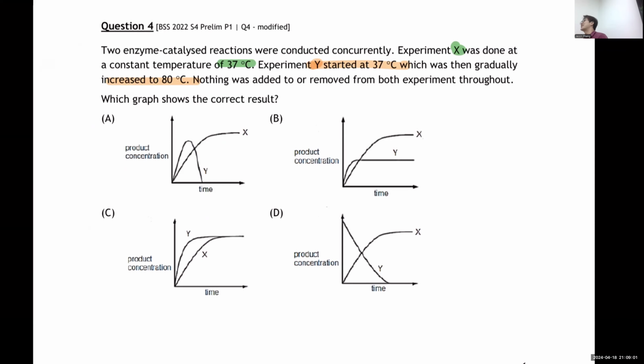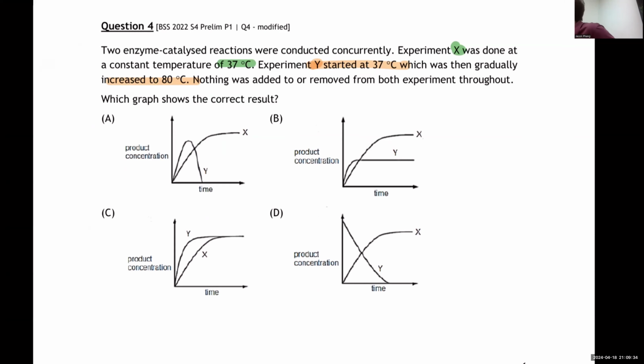Here I want to impart a question analysis skill to all of you. When a question does not provide you an optimum temperature, what do you take? Your body temperature.